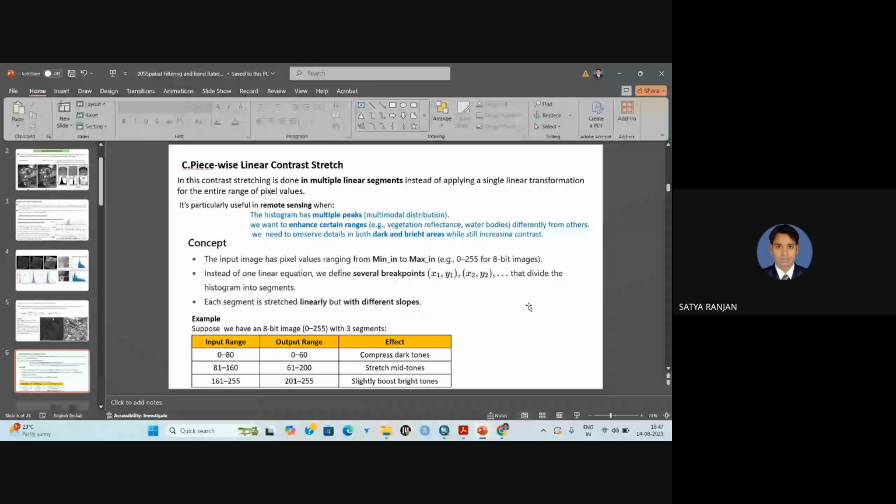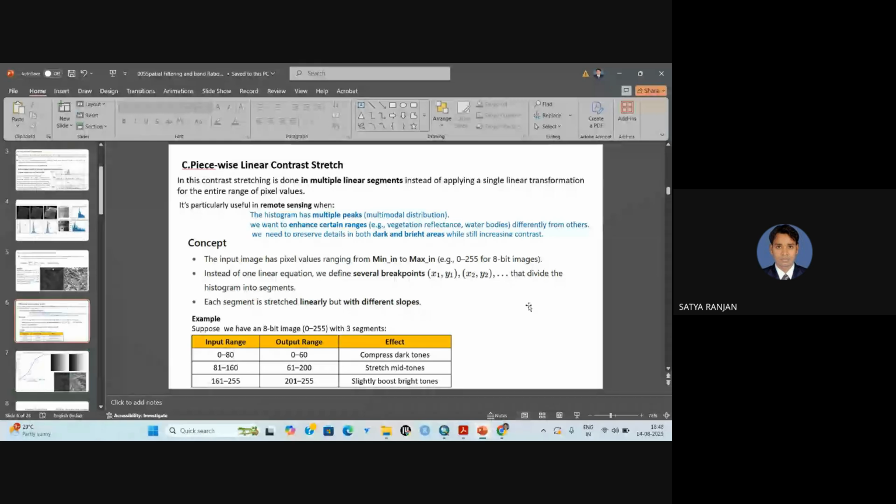So values below 30 become 0, and values above 200 become 255. So this is the original image, and this is the stretched image.